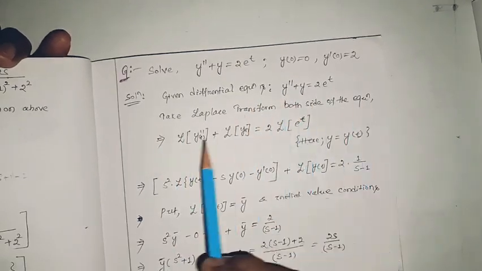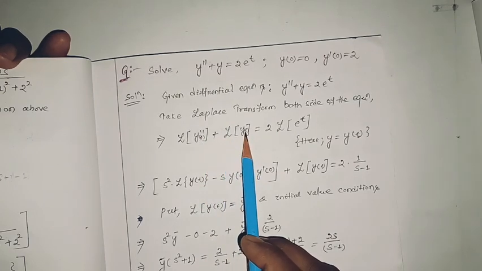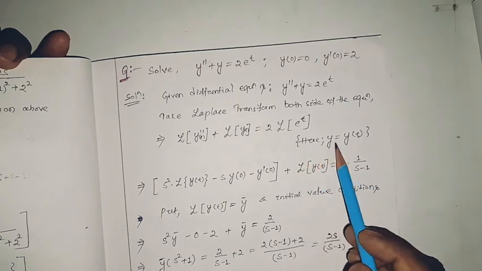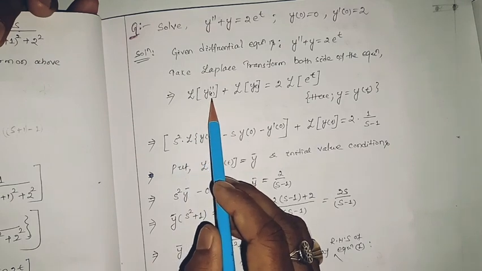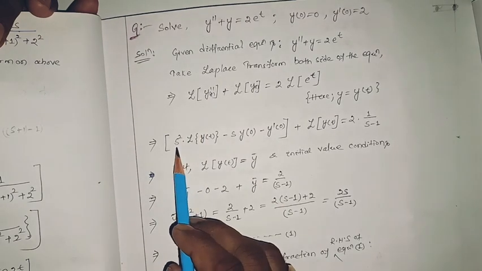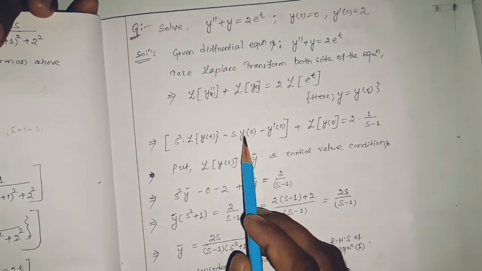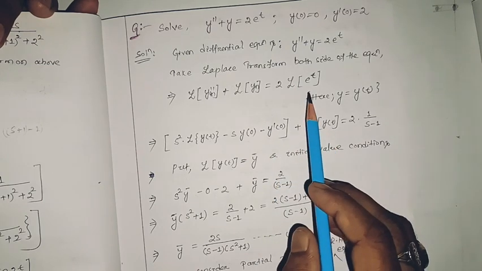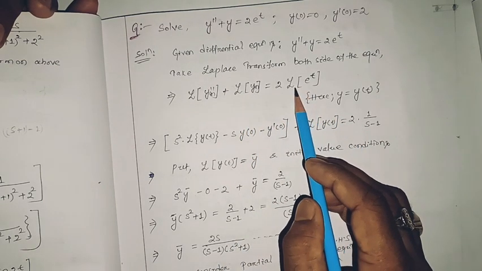Take the Laplace transform on both sides: L{y''} plus L{y} equals 2 times L{e^t}. Here y is a function of t. As we discussed, the Laplace transform of the second derivative of y is s^2 L{y} minus s y(0) minus y'(0), plus L{y}, equal to 2 times L{e^t}.